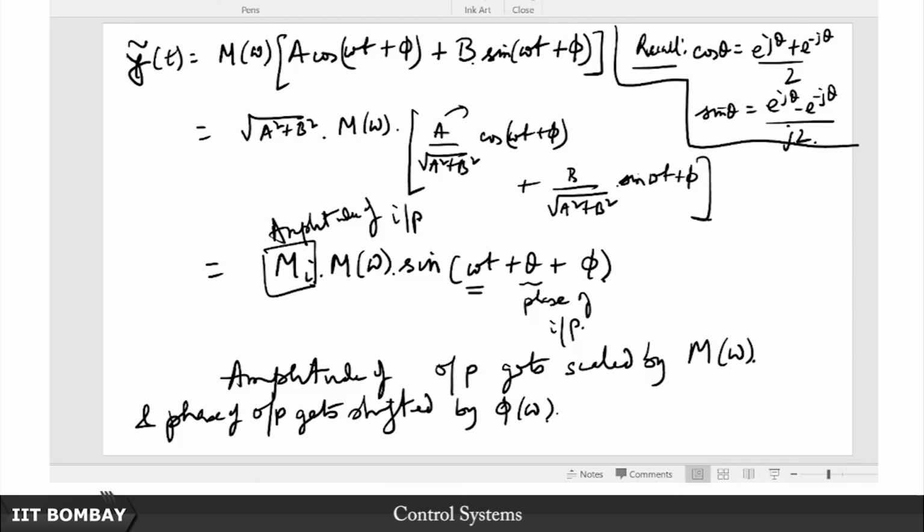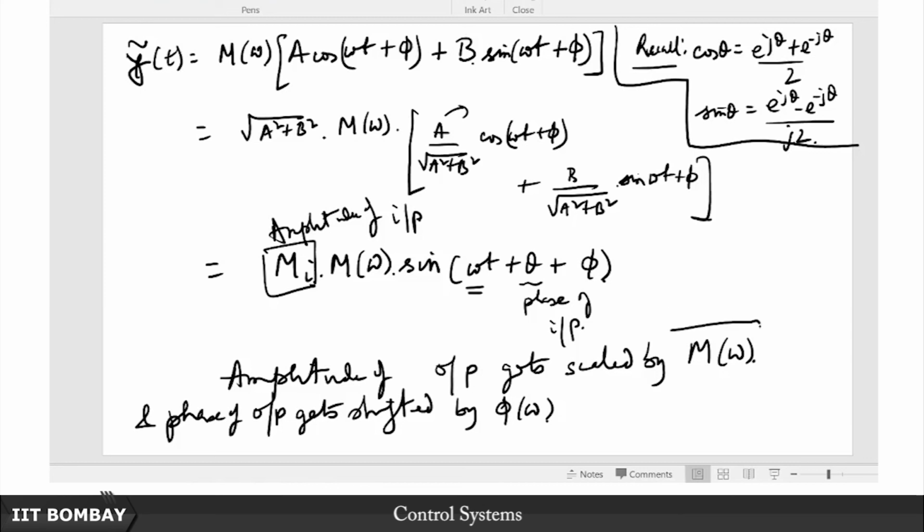In other words, if you want to understand what a linear time invariant system does to a sinusoidal input of a certain frequency, all that you need to know is the amplitude gain, that is m omega of the system at that particular value of omega at which you are applying the input signal, and the phi, the phase function, right.